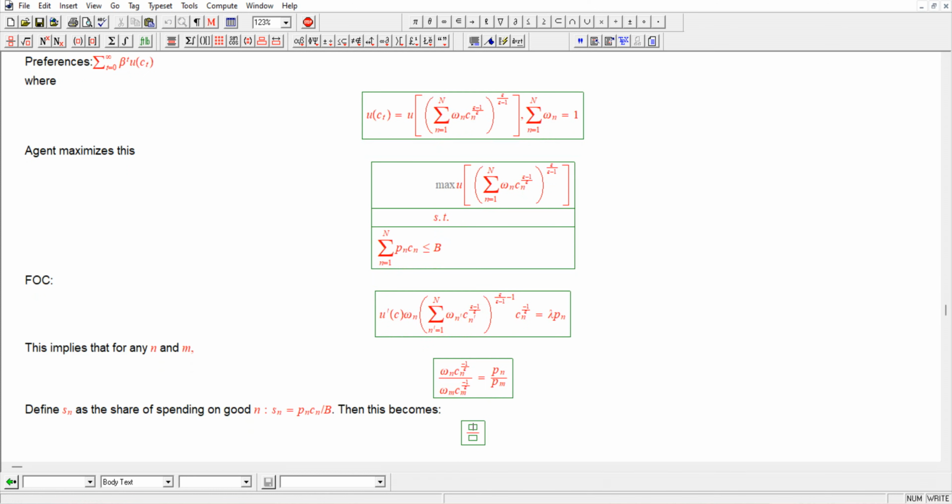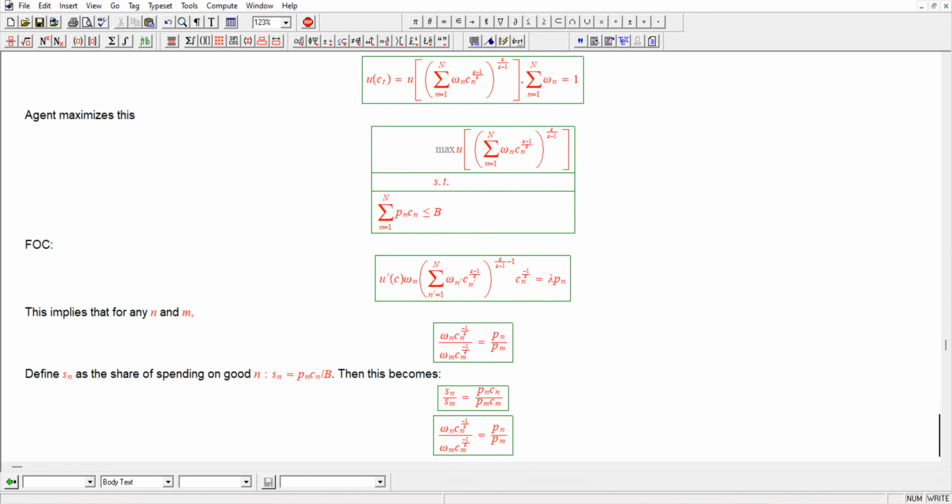We'll have S_n divided by S_m, which of course, using this definition, can be written in terms of simply the consumption of the two and their prices. So divide top and bottom by 1 over B, and we get this simpler expression. Now notice that we can bring this down and raise everything to the power of minus epsilon. Then we'll have this to the power of minus epsilon.